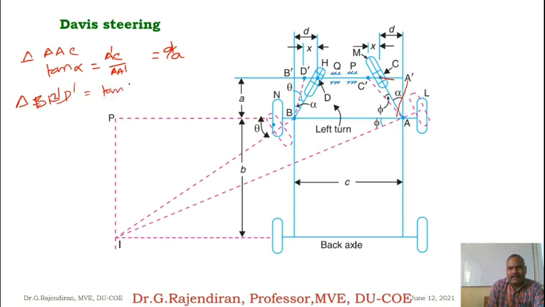Tan of alpha minus theta is equal to D minus X divided by A. Similarly, triangle B, B dash, D.